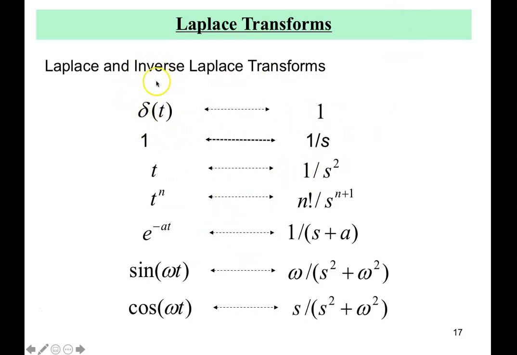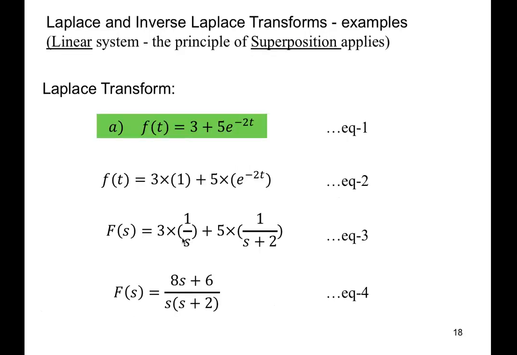The left-hand side is the time domain, the right-hand side is the frequency domain of the same signals. Remember this one, that one, and this one. That's all I'm asking you to remember, just four. Put that in your head because it will be very, very useful.